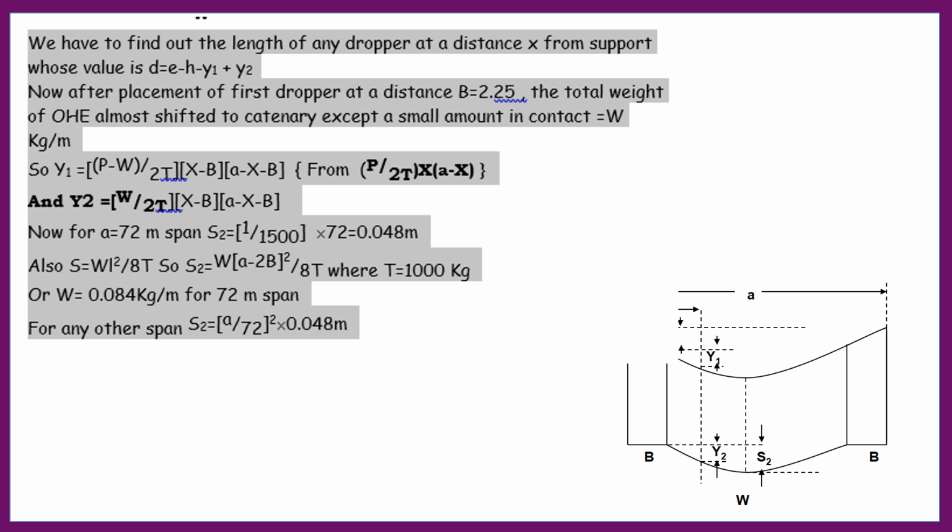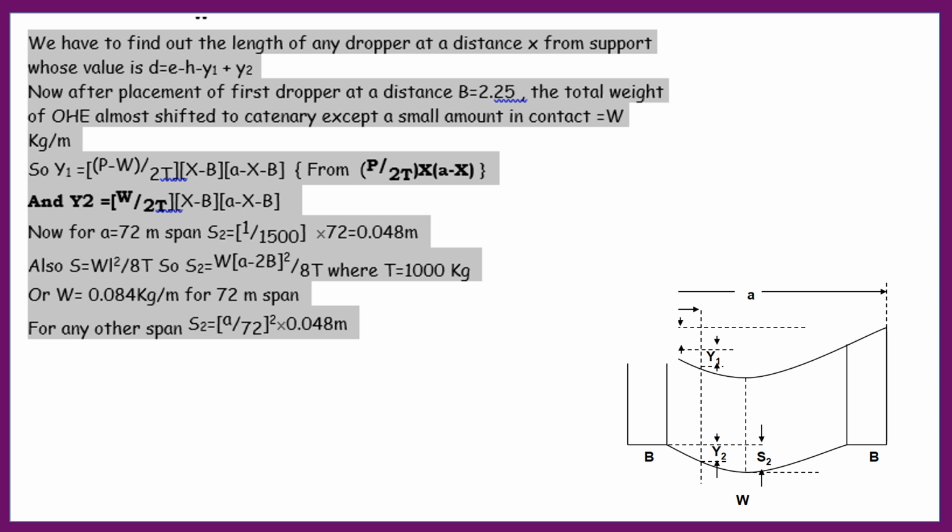So L has become A minus 2B, and sag is W into (A minus 2B) whole square by 80, where T is equal to 1000 kg. Just reverse it, and W is equal to 0.084 kg per meter. For the S2, we have seen for a 72 meter span it is 0.048, and W is 0.084 kg per meter.